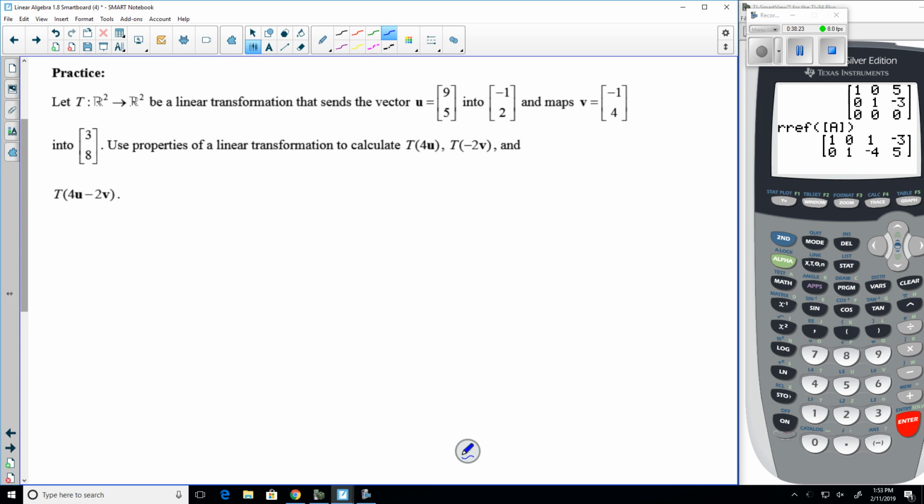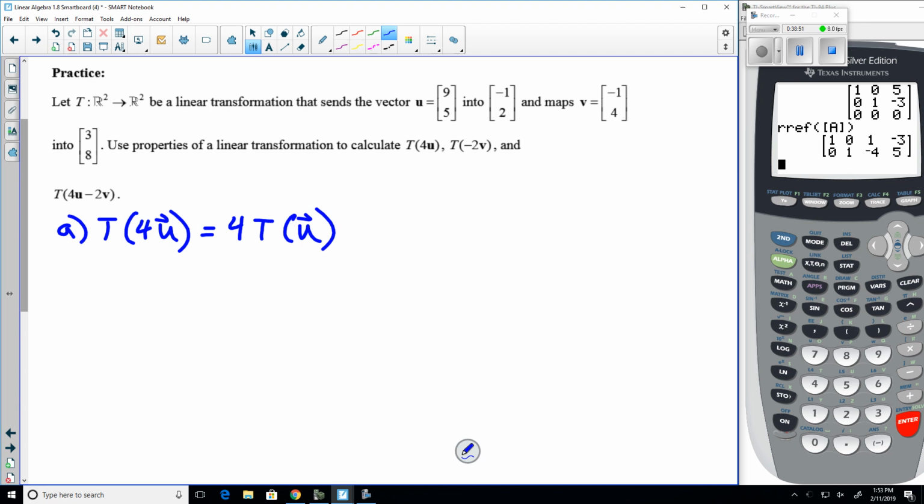So let's do the first one, T of 4 times u. Well, since we know that T is linear, we can factor out this scalar. Remember, I can't write in bold, so I have to put in the vector symbols.